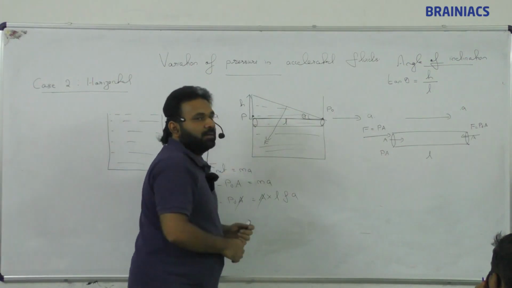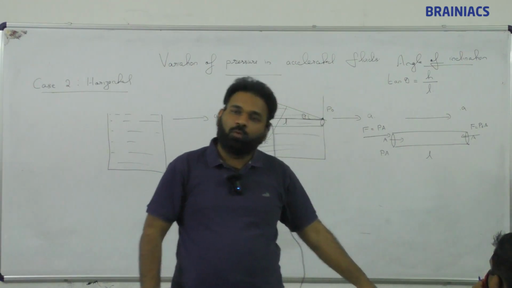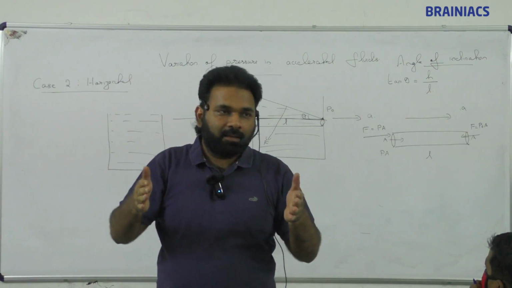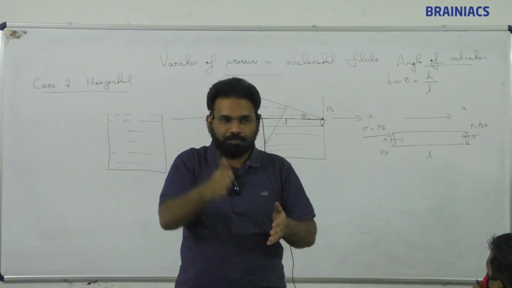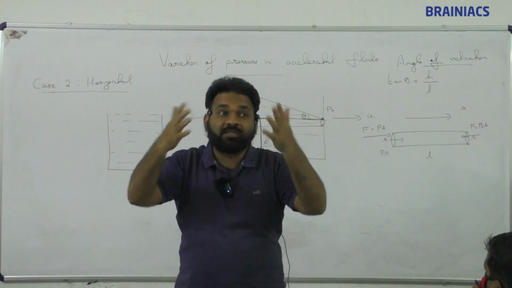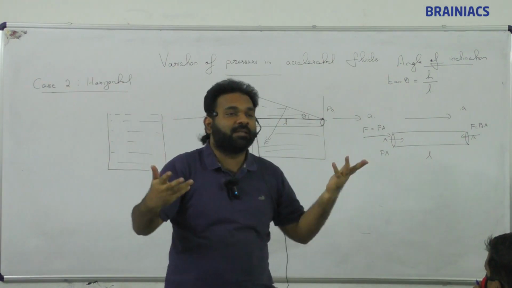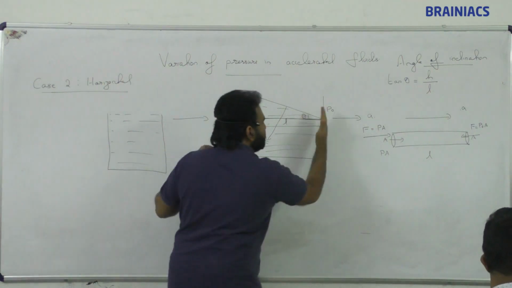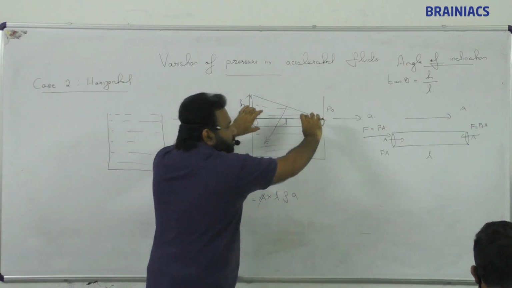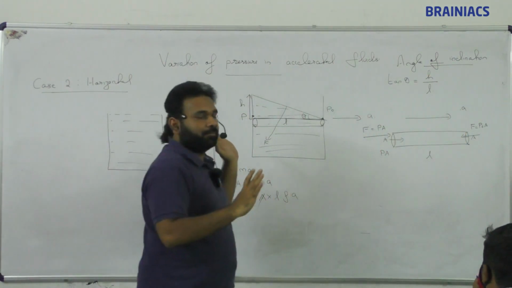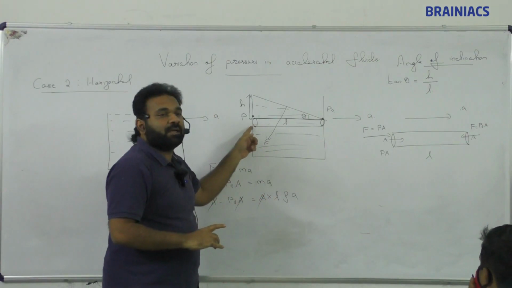Now, in order to find the difference of pressure between this side and this side, always in this chapter what do we do? We take a piece of water column, visible to our eyes. Now we are imagining water is there. Pressure is here.